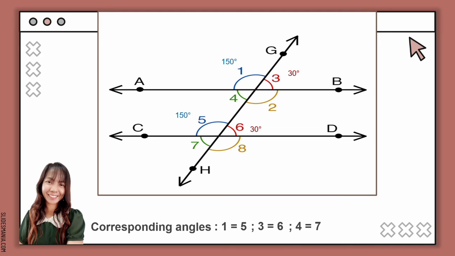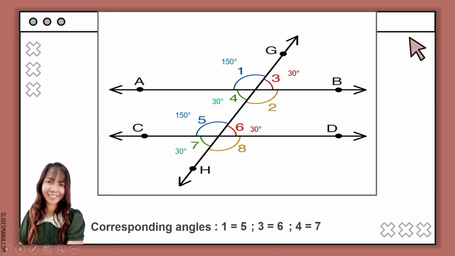Angle 4 and angle 7, they are equal in measure because they are corresponding angles. So for example, if angle 4 is 30 degrees, angle 7 is also 30 degrees. Have you noticed here? Angle 3 and angle 4 is vertical angles, so they are equal.